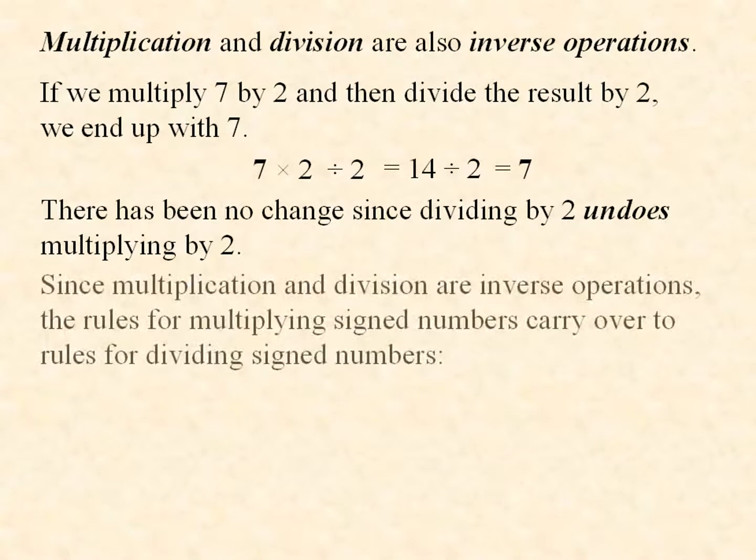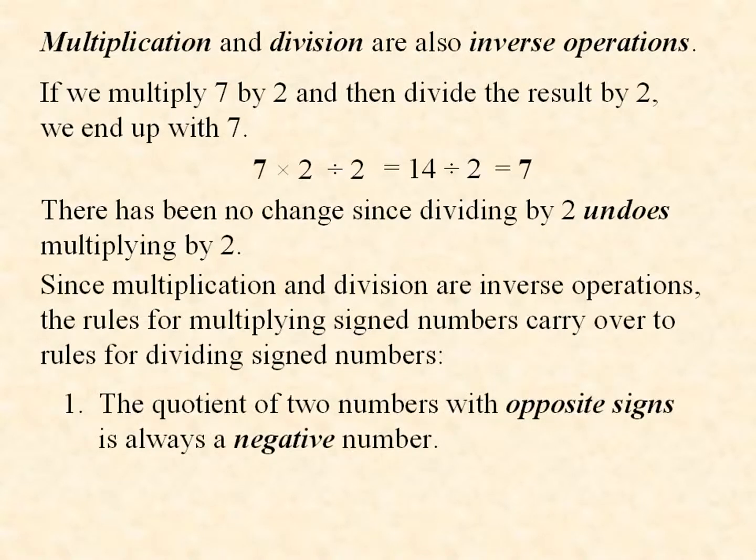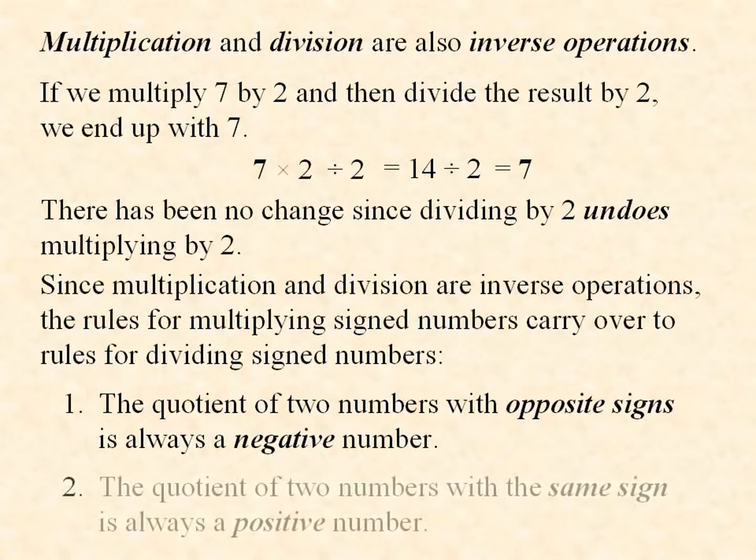Since multiplication and division are inverse operations, the rules for multiplying signed numbers carry over to the rules for dividing signed numbers. The quotient of two numbers with opposite signs is always a negative number. The quotient of two numbers with the same sign is always a positive number.